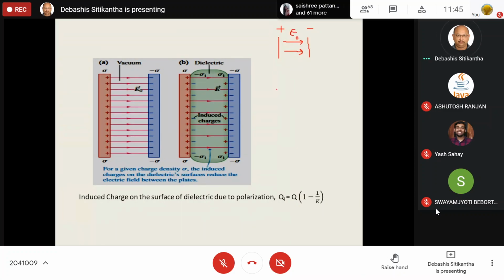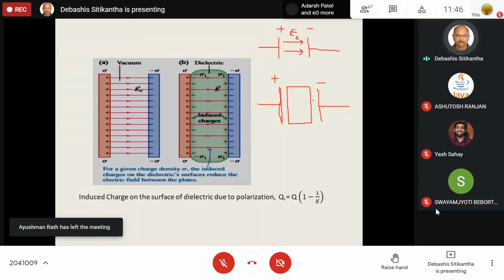Now, if in place of this air or vacuum, I insert some other dielectric medium, what is going to happen? Suppose I insert a dielectric medium here. This one is the positively charged conductor and this one is the negatively charged conductor. So these are charged bodies and this insulator is a neutral body.